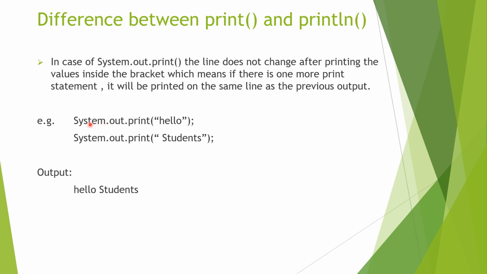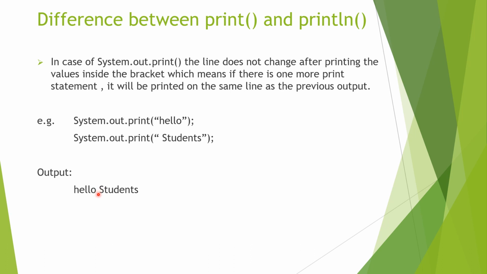Like System.out.print("hello") and System.out.print("student"). When the first statement is executed, it will print hello. Then the cursor will remain here. The cursor will not come to the next line. In the case of print, after displaying the message, the cursor will remain on the same line.